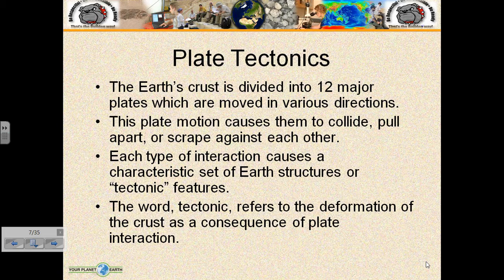Each type of interaction causes a characteristic set of earth structures or tectonic features.